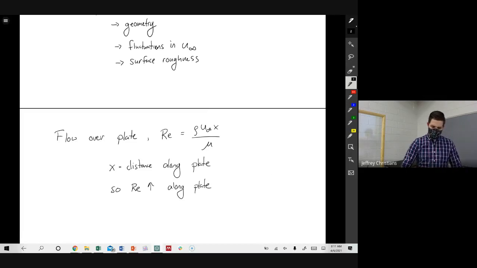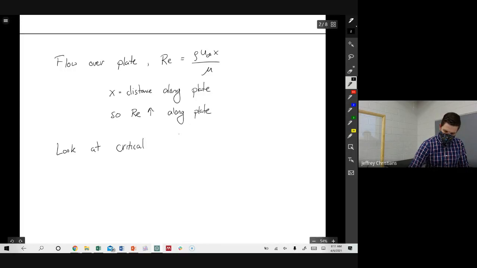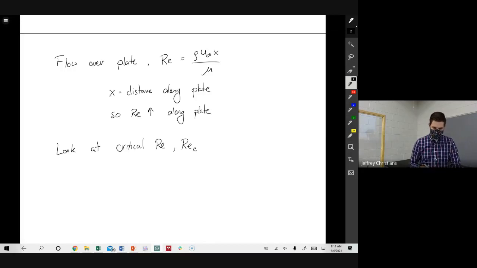For all problems like this, we're going to basically ask which regime we are in. Look at the critical Reynolds number, we'll call it Re_C, to see if laminar or turbulent.